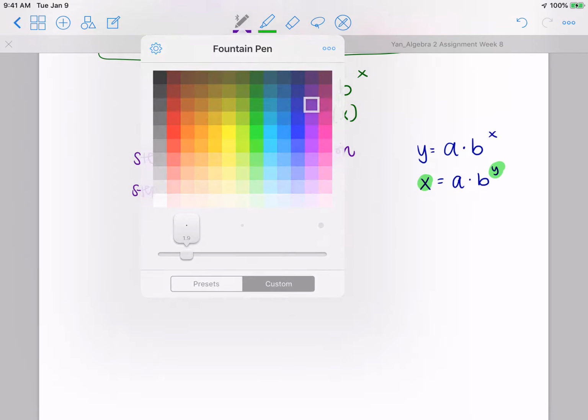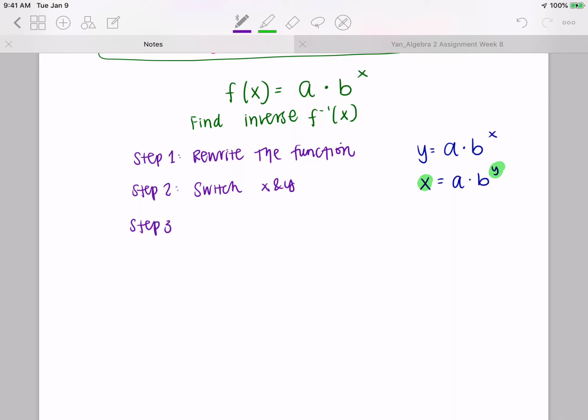And then the next step, actually before the step, I'm going to tell you that we're going to be isolating y by itself. If I have y standing by itself, then that's already the inverse.